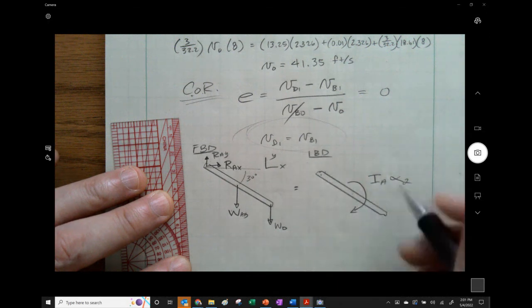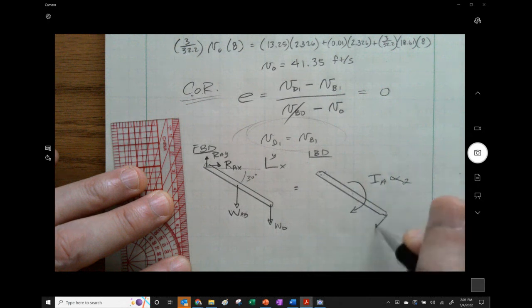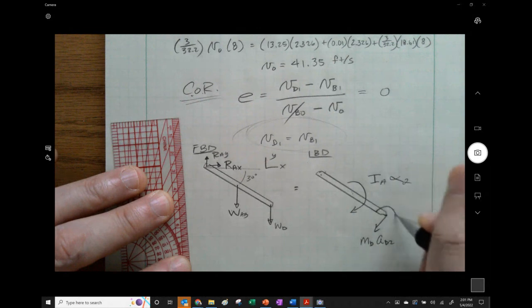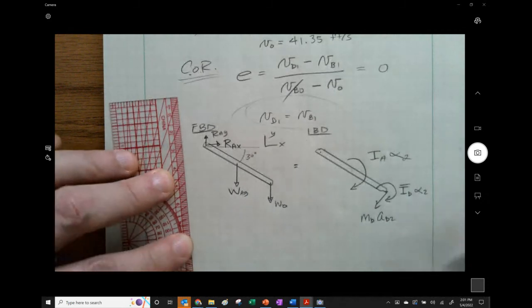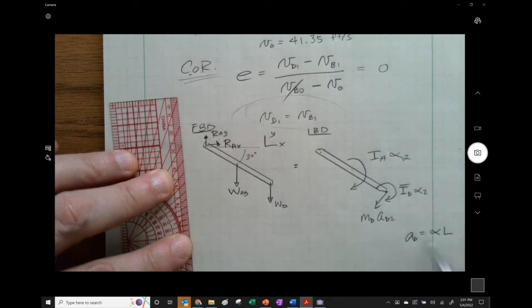So we don't need to use the center of mass, but because we didn't really incorporate it in there, we do need to have M of this and the acceleration of him at 2, let's call it. And then we also need, kind of idiotically, ID alpha 2. And we do recognize that AD is going to be alpha times L right there, right?